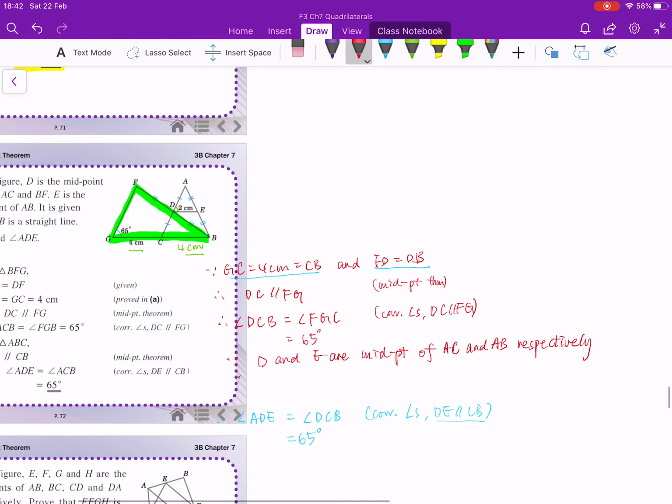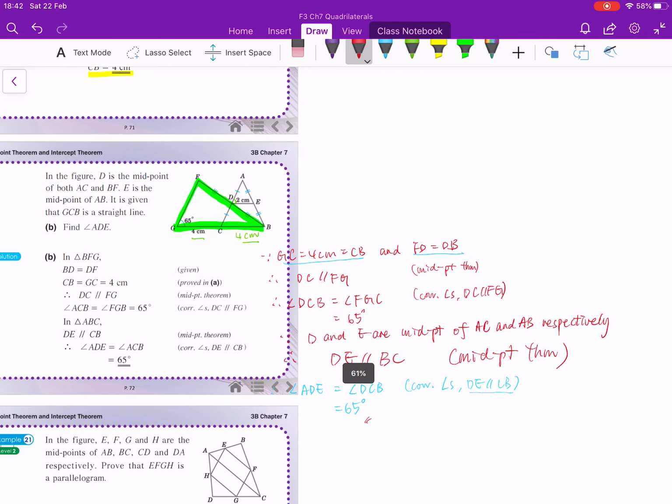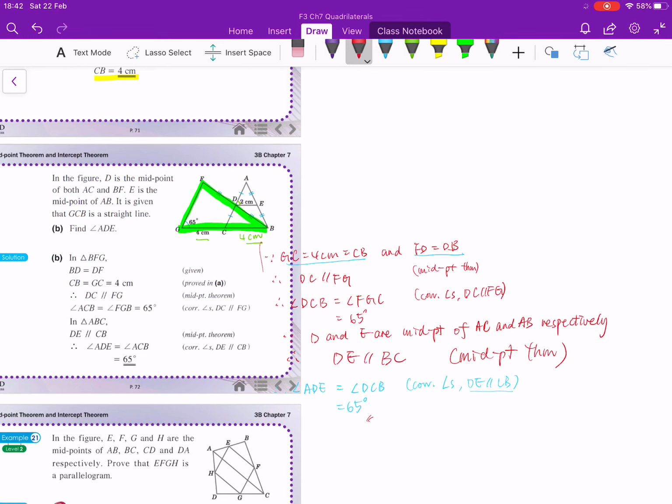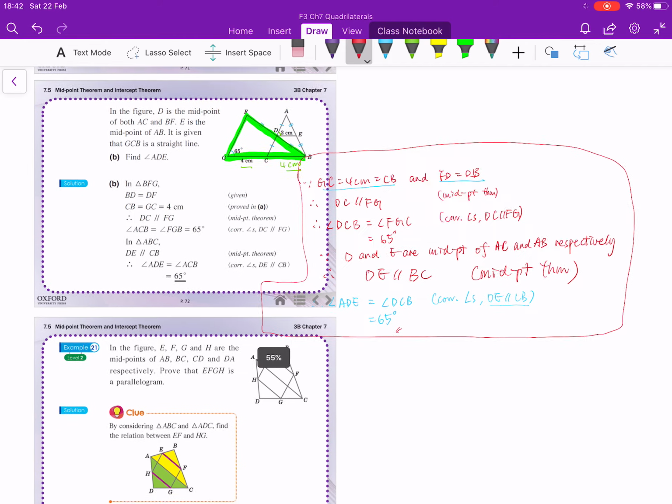So by the midpoint theorem, you know that DE is parallel to BC. This comes from the midpoint theorem. Okay, and then follow the results here. So for me, I'll write the solution for part B in this way instead of that one. But actually, the idea is similar, just different in presentation.